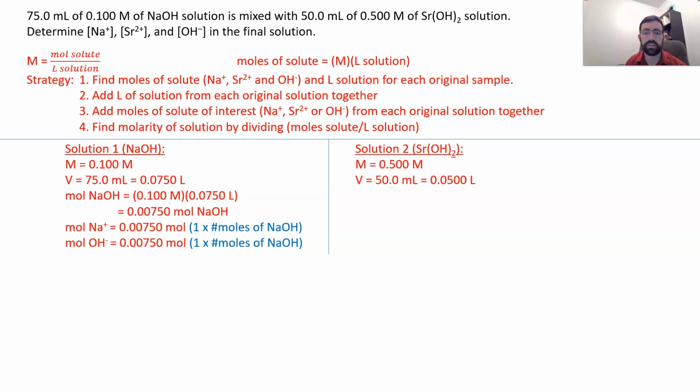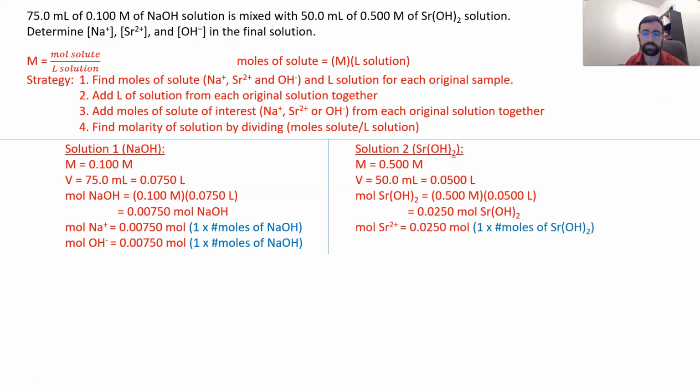We will multiply those numbers by each other to find the moles of strontium hydroxide, which is 0.0250 moles. To find the number of moles of strontium ions, we're just going to multiply by 1 because there's only 1 strontium ion in every strontium hydroxide formula unit.